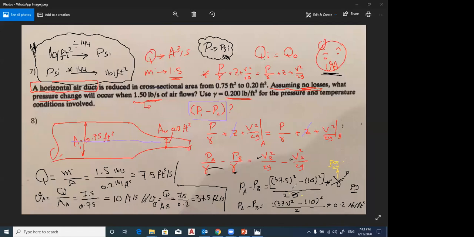This density, 0.2 pound per feet cube, is rho only. Actually for British units this is what I see, but I don't know the reason. Sometimes we consider gamma in pound per feet cube, and sometimes use it as rho at the same time.